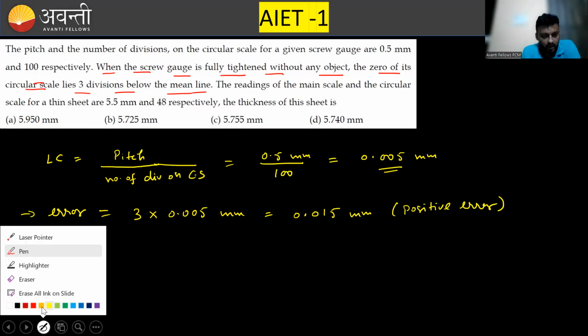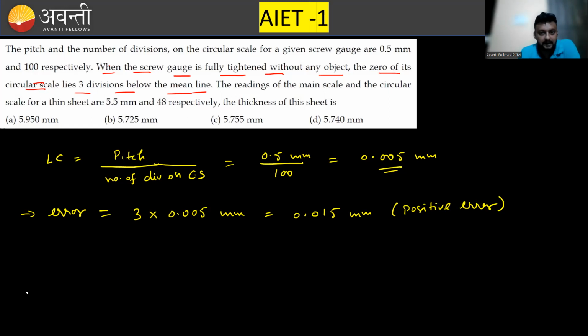Done. Moving further. Next statement: the reading of the main scale and the circular scale for a thin sheet are given as 5.5 and 48 respectively. So what will be the thickness of the sheet?